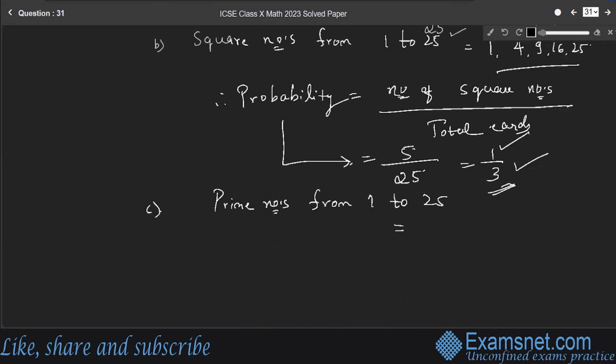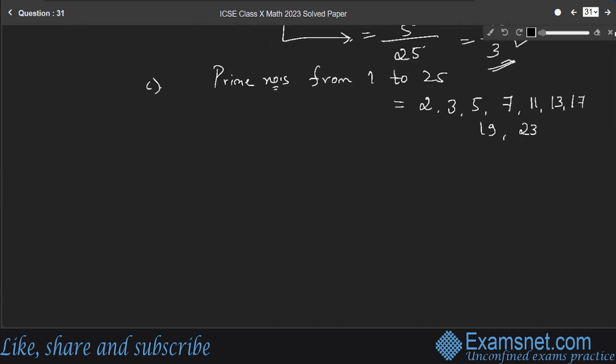So 2 is prime, 3 is prime, 5 and 7, then 11, 13, then 17, 19, then 23. These are the prime numbers from 1 to 25.